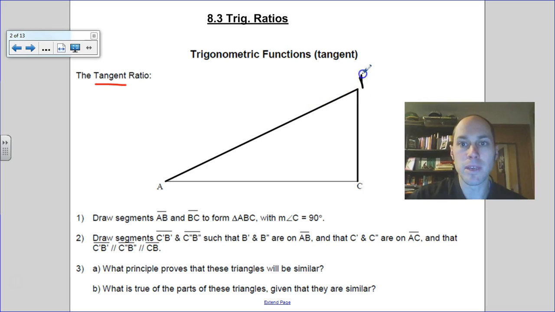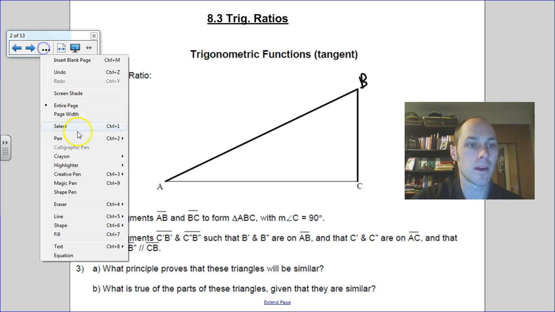So this is point B. After you've done that, you need to draw segments C prime B prime and C double prime B double prime, such that B prime and B double prime are on line AB, and C prime and C double prime are on line AC, and that CB is parallel to C double prime B double prime and C prime B prime.